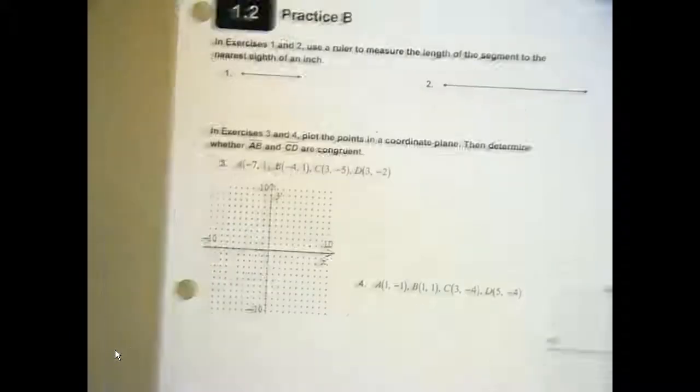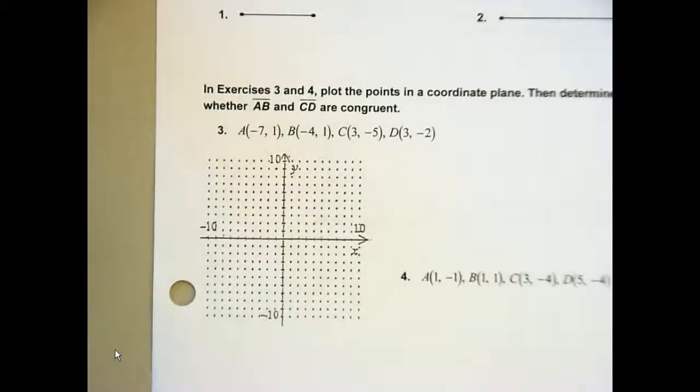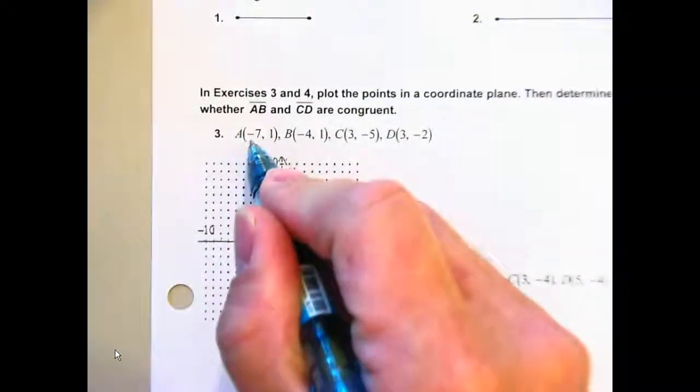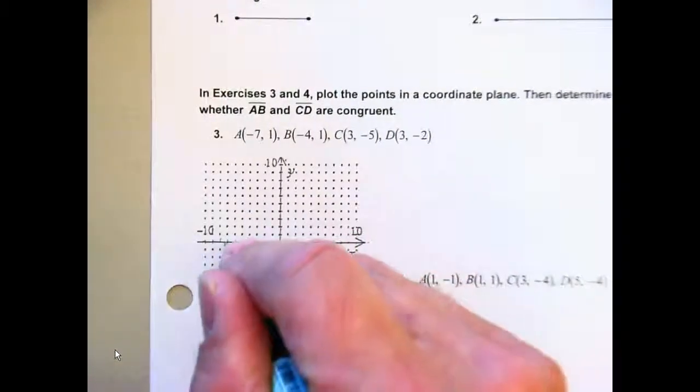I want to start on number 3. First thing we're going to do, I want you to plot all those points. Number 3, plot all those. Just remember that x comes first, so x is -7. Y is 1.